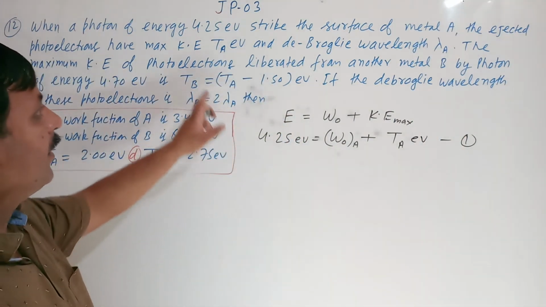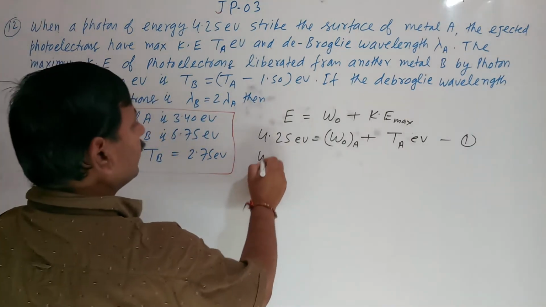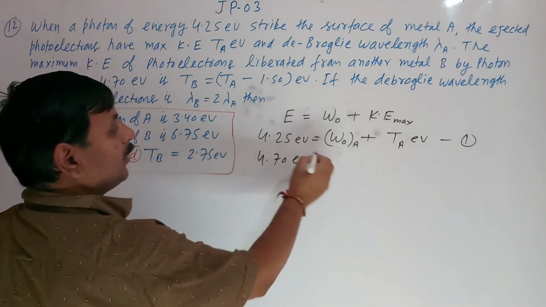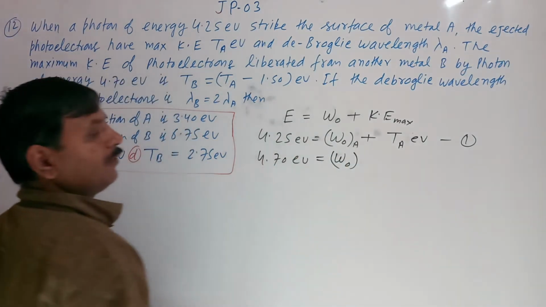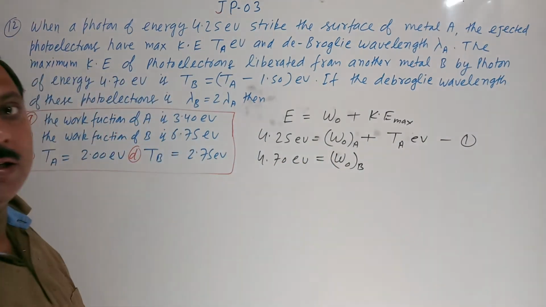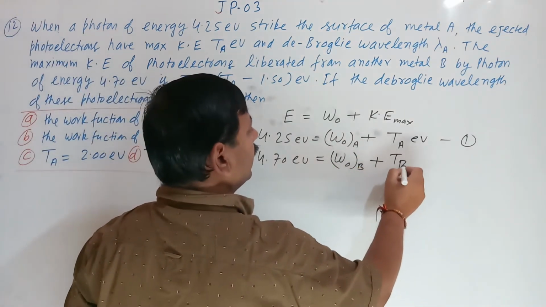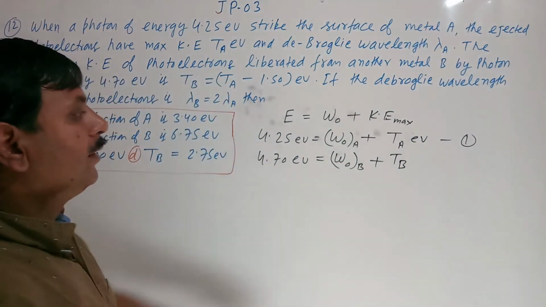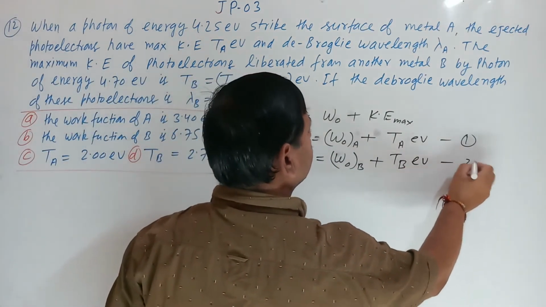Second equation, what happened when 4.70 is falling on the second surface? The work function of the second metal we have taken as W naught B. So here what happened? Maximum kinetic energy TB eV.